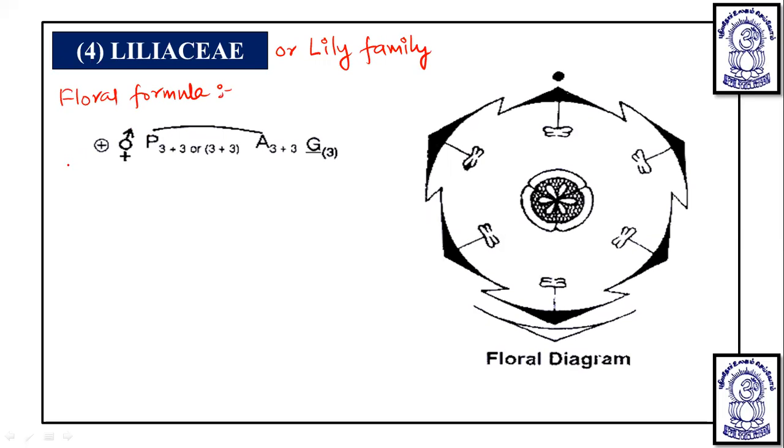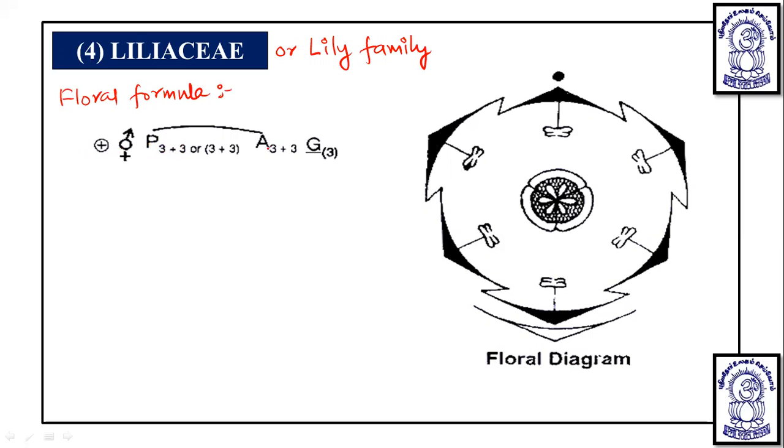Apart from this, they have bisexual flowers. They have perianth; calyx and corolla are not differentiated and are found fused, and when fused it is known as perianth. The perianth is 3 plus 3, in two whorls, and its members are known as tepals. So 3 plus 3, 6 tepals are there, 3 outside and 3 inside.